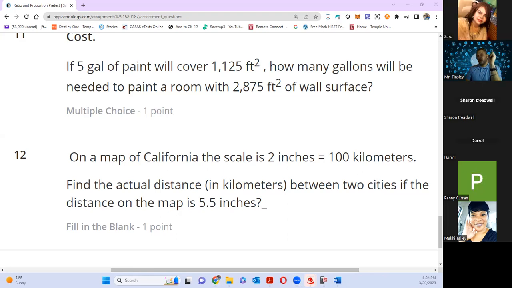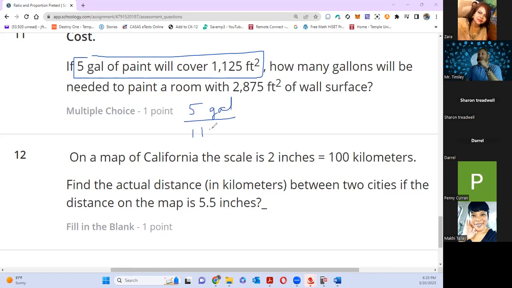Should I solve this with equivalent fractions? Should I solve this with unit rate? Or should I solve this with cross multiplication? Cross multiplication. Okay, how am I going to set it up? You can put 5 gallons over 1,125.